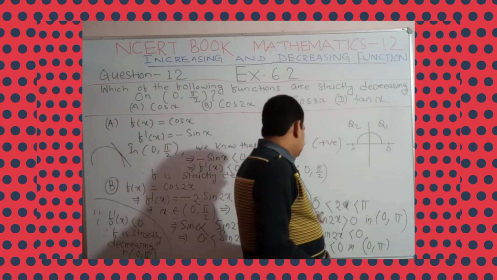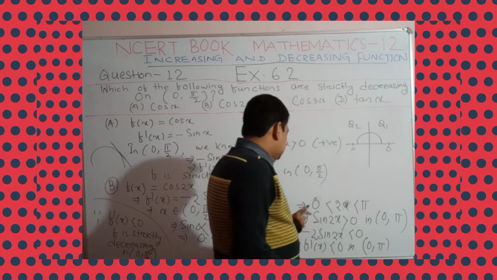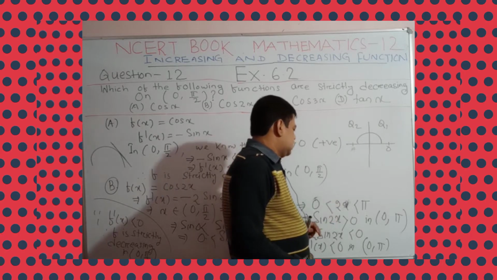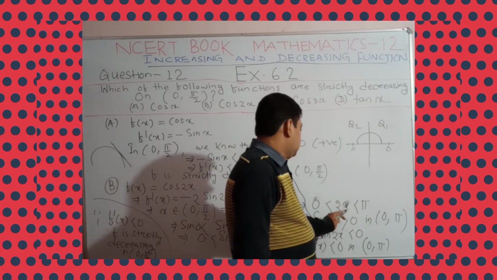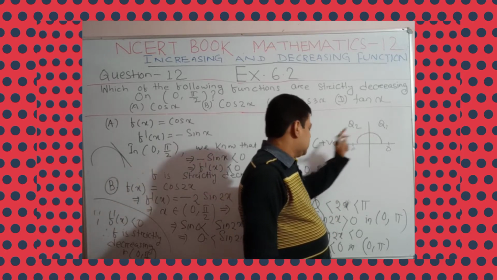Since 0 is less than 2x is less than pi, we know the angle 2x lies between 0 and pi. It means the first quadrant and second quadrant.